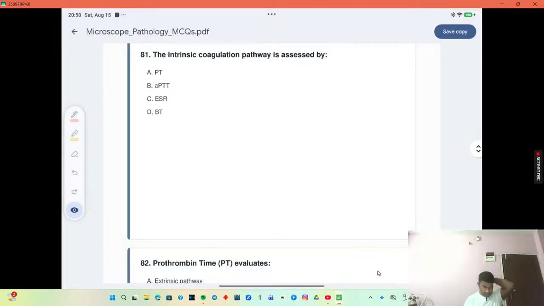Now here the question is given as: the intrinsic coagulation pathway is assessed by APTT test. So what is the full form of APTT test?